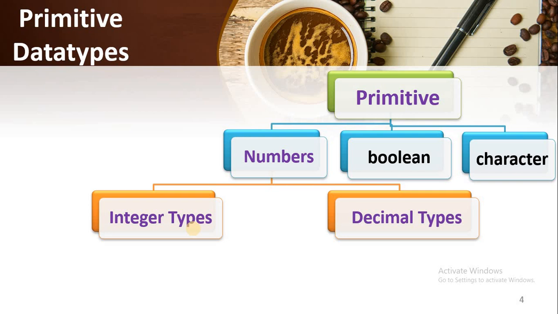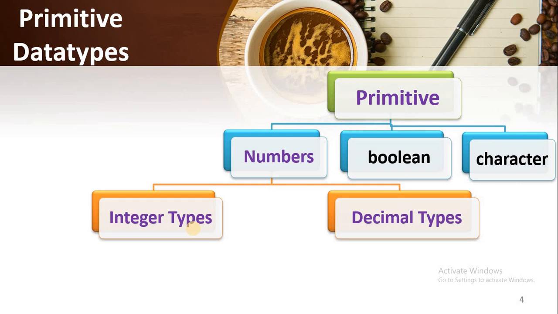At any cost, a mobile number doesn't have any fractional part. Suppose you want to store the height of a person, maybe 5.10, 5.8 and so on, that has a fractional part. So in the real world, numbers may or may not have a fractional part.